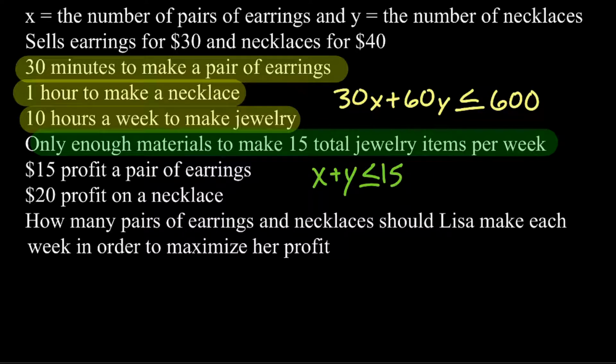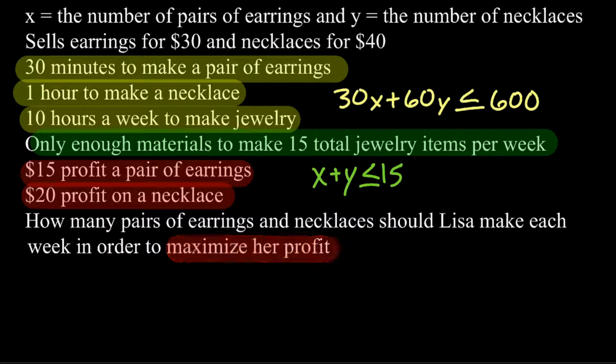All right. Now the equation that we are looking to minimize or maximize is going to be about profits. So she makes $15 profit on a pair of earrings, $20 profit on a necklace, and we want to maximize profit.